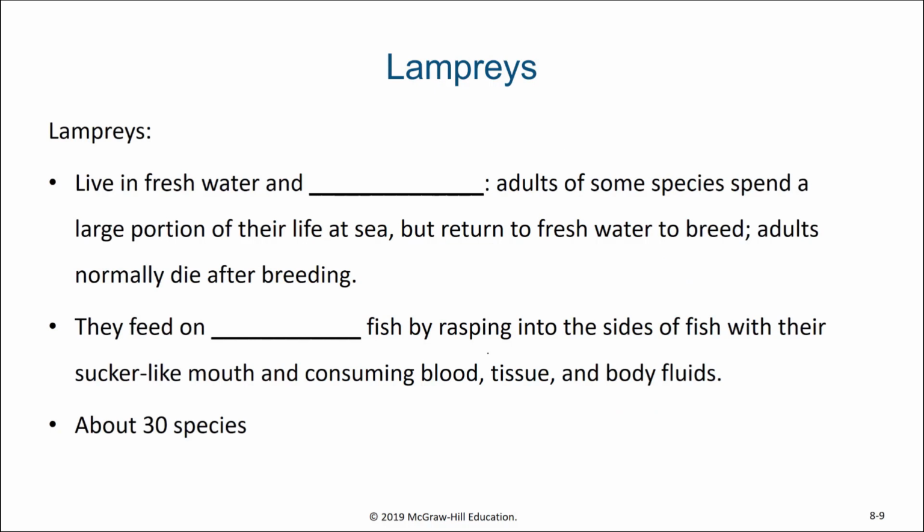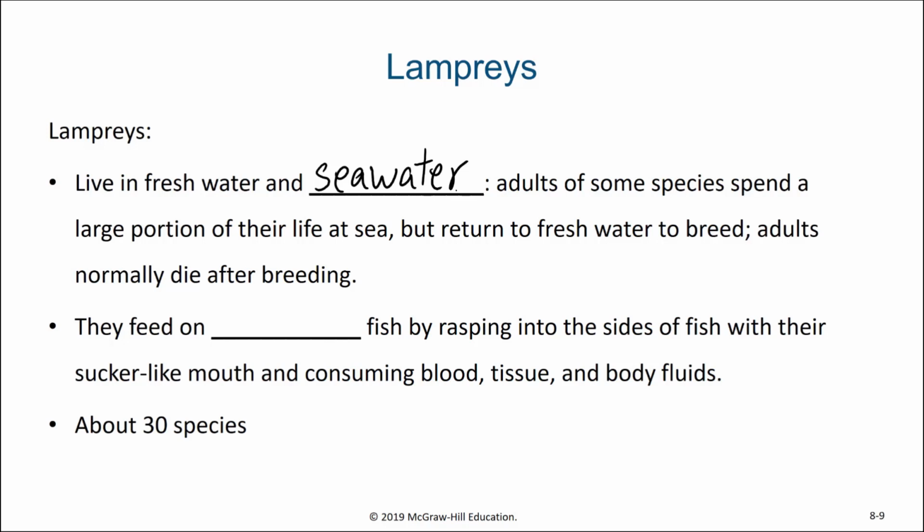The next type of agnathan are the lampreys. They live both in freshwater and seawater. And they are anadromous, meaning that they start their life in freshwater but then go out to sea and then return to freshwater to breed, normally after which they would die.